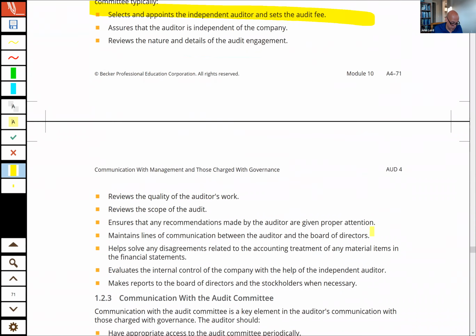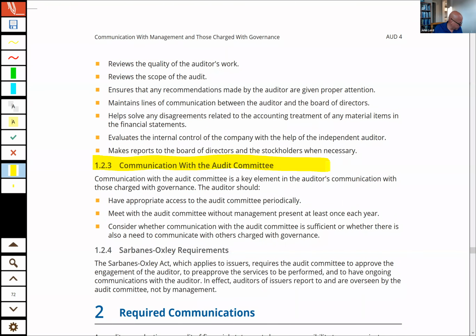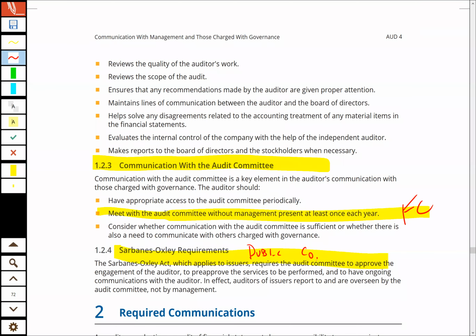Now you come over to communications with the audit committee, and we have to meet with the audit committee without management present at least once per year. Flashcard that. Okay. And then Sarbanes-Oxley. If it's Sarbanes-Oxley, then we're talking about what type of companies? The Sarbanes-Oxley Act pertains to public companies and to issuers, okay, and it requires that the audit committee approve engagement of the auditor and pre-approve services to perform and have ongoing communications with the auditor.